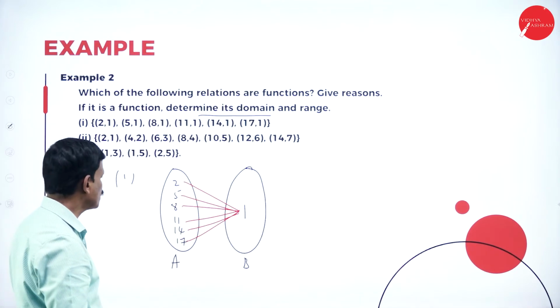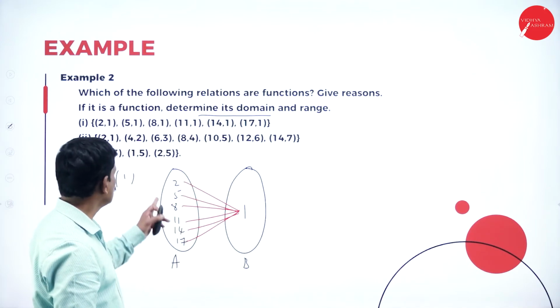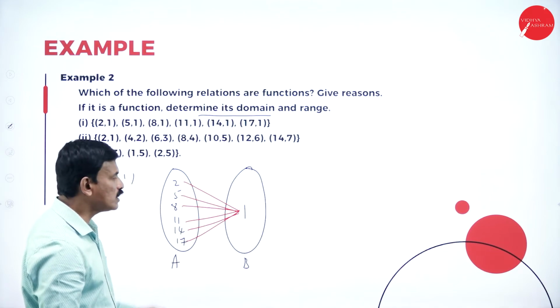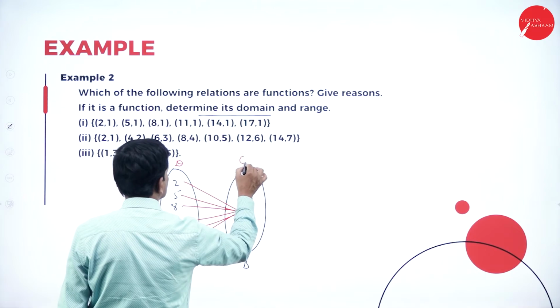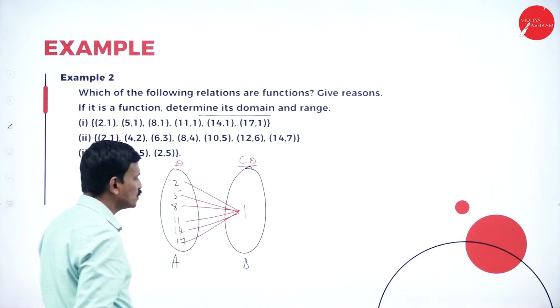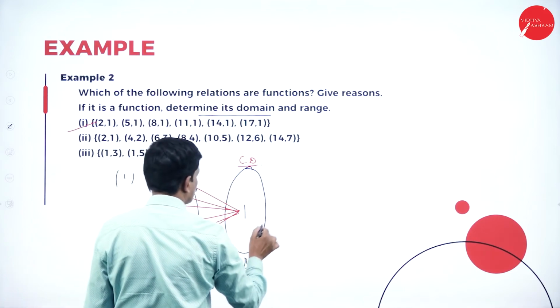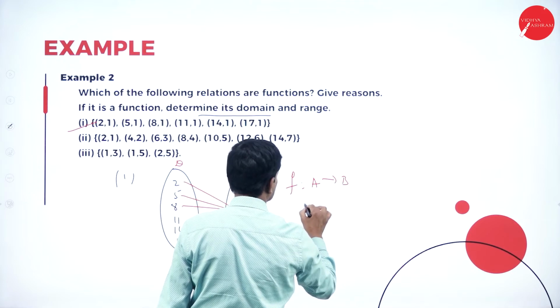What do you say from this, whether this is a function or not? So here no element of A is used 2 times. So clearly all the elements of the domain are uniquely related with the elements of the codomain. Therefore clearly this is a function. F from A to B is a function.